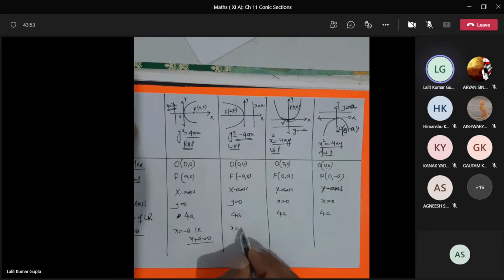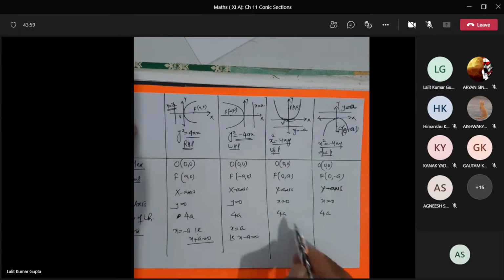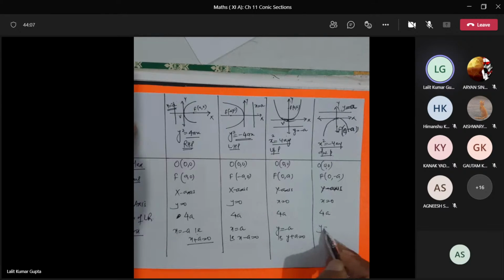In this it is x equal to a, that is x minus a equal to 0. In this it is y equal to minus a, and that is y plus a equal to 0. In this category it is y equal to a, and that is y minus a equal to 0. Right? So equation of directrix is this one.